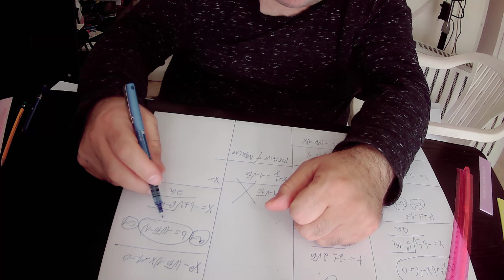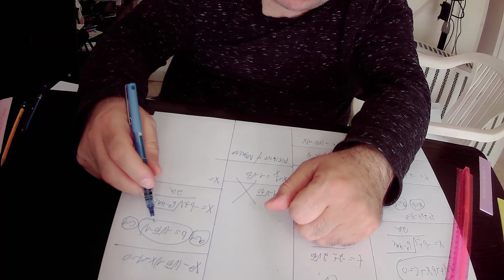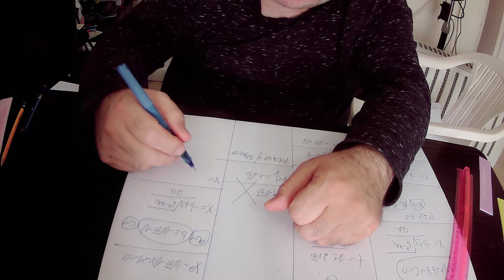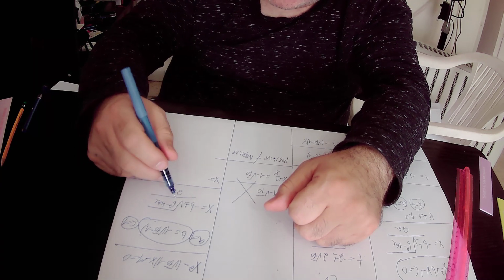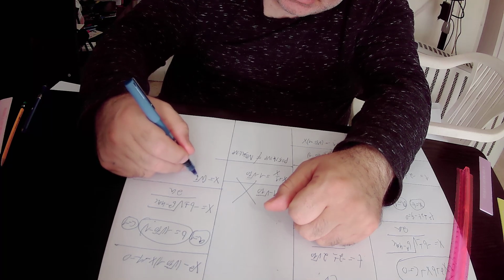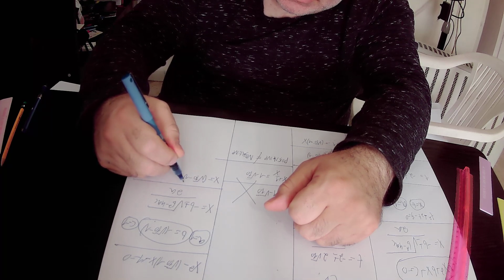Minus b will be equal to minus square root of 10 minus 1. Minus is plus. So in conclusion, we found out that minus b equals square root of 10 minus 1.